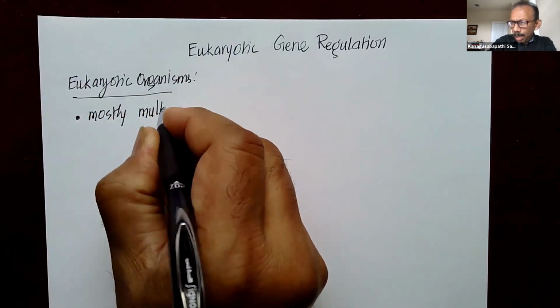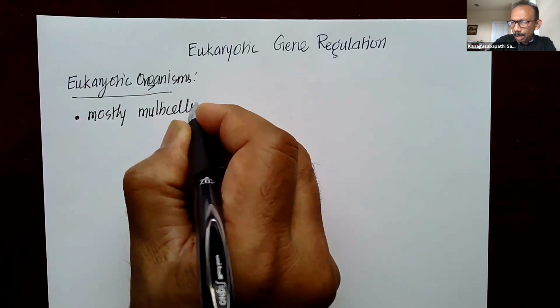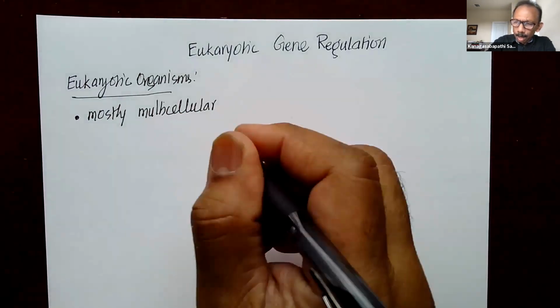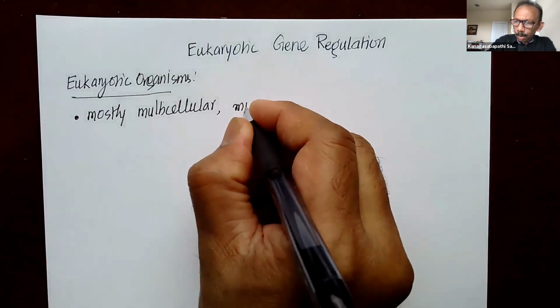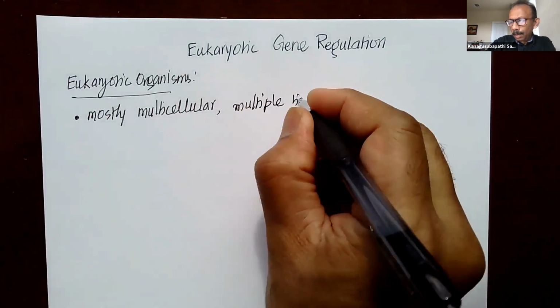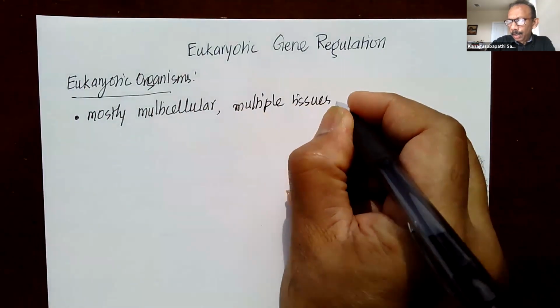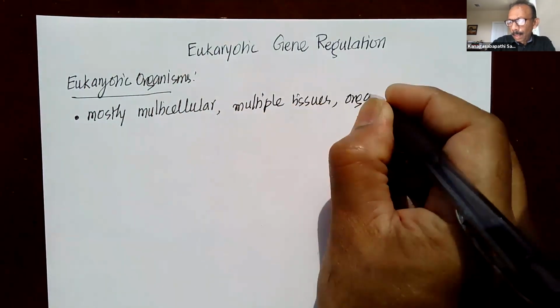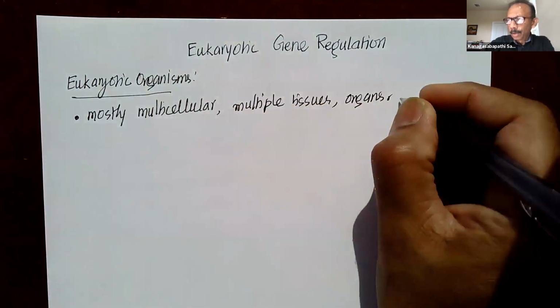There are some unicellular organisms, and they also have multiple tissues, organs, and organ systems.